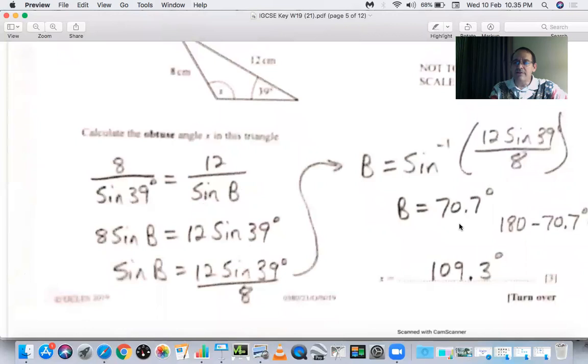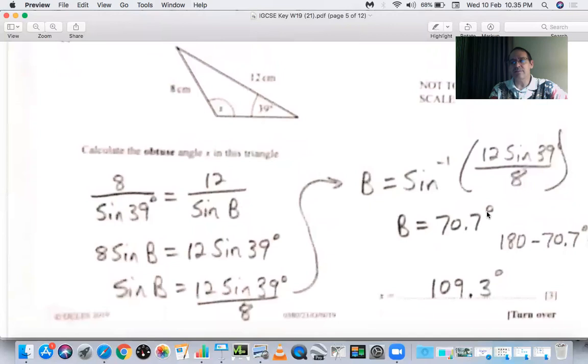When you do that on your calculator, you get 70.7 degrees. Remember with degrees, you want to go to 1 decimal point, so 70.7 degrees. Now, you should notice that 70.7 is an acute angle, and this is asking for the obtuse angle. So since your calculator gave you the acute angle, we need to do 180 minus 70.7.